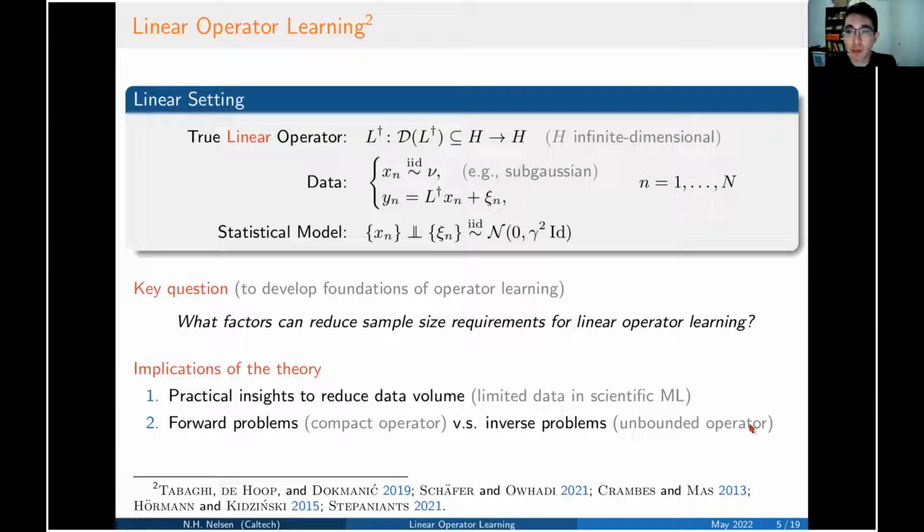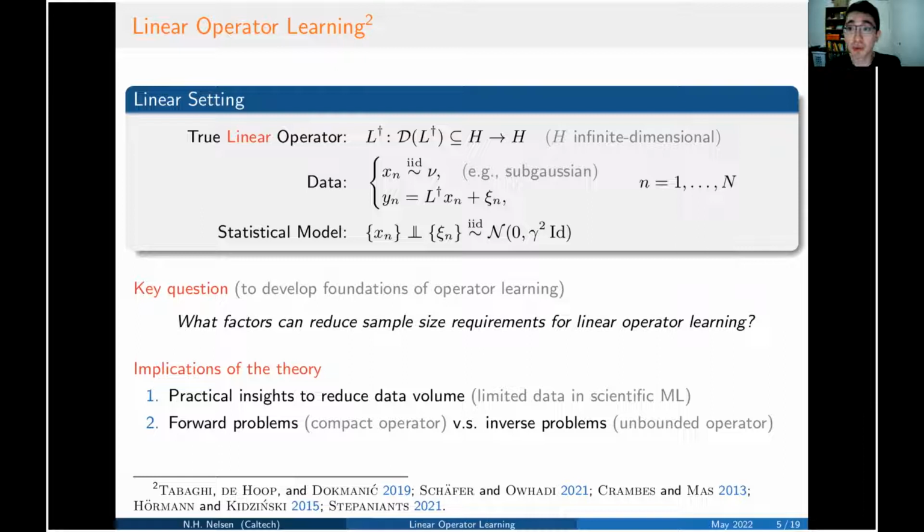Like I mentioned, the main point here is to try to understand the characteristics that can help us reduce the sample size requirements, so how much data you need to achieve a certain error level for learning linear operators.